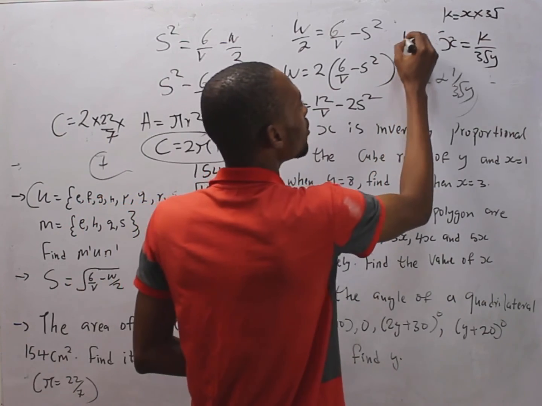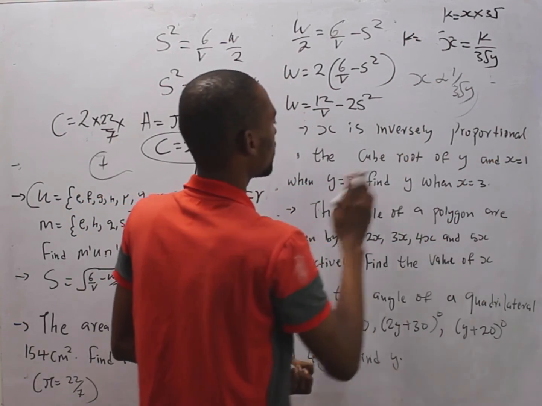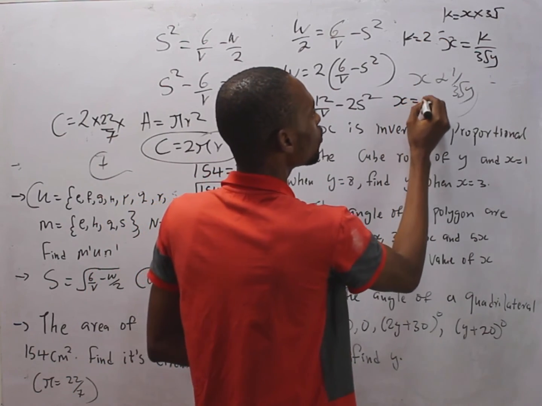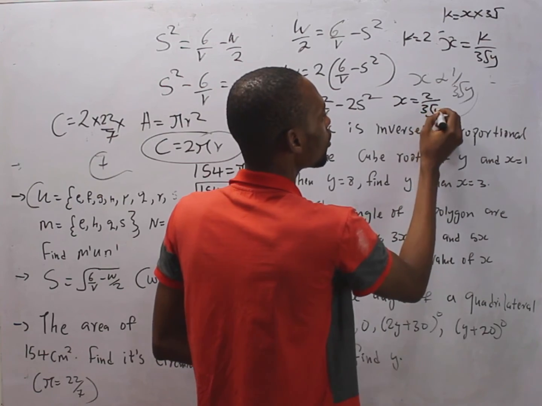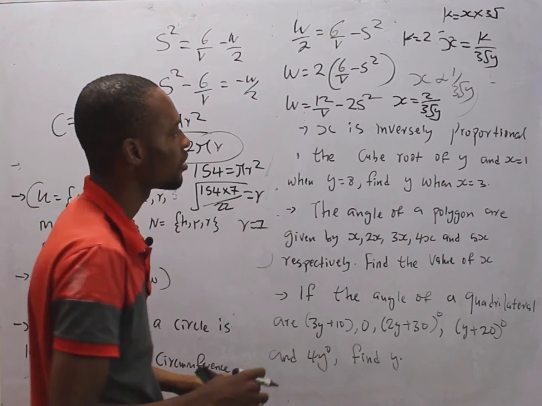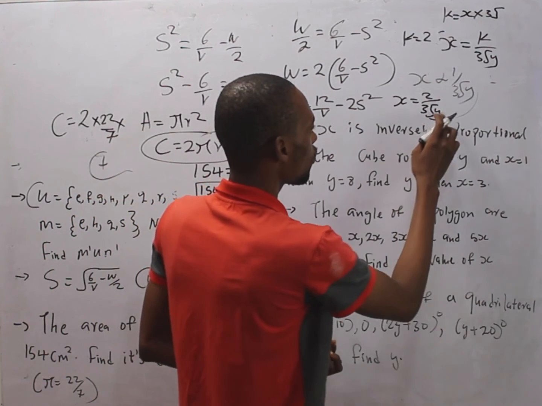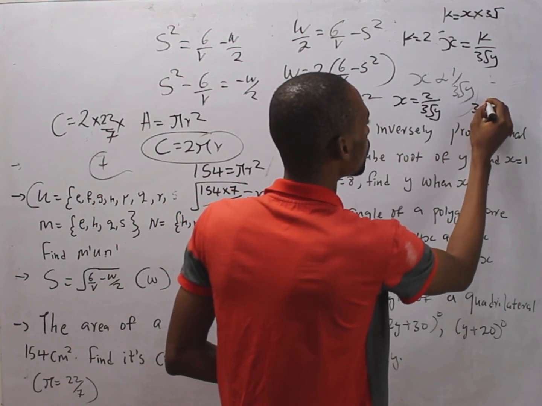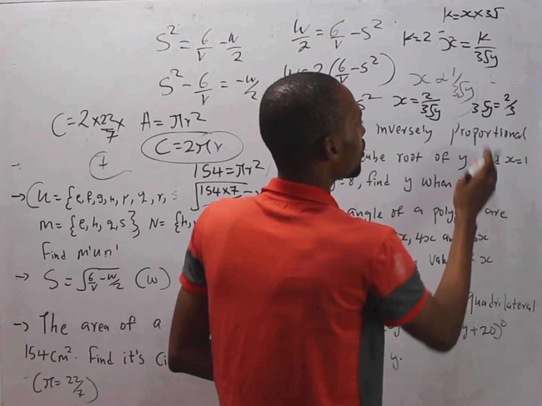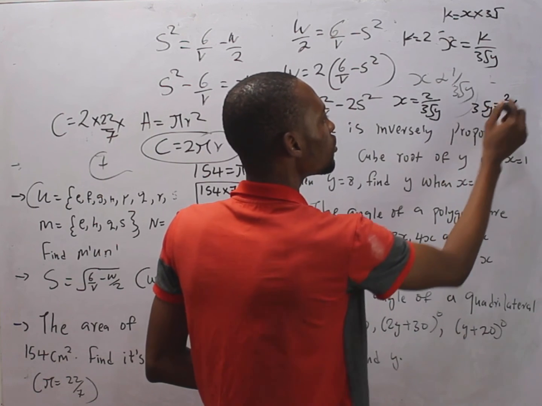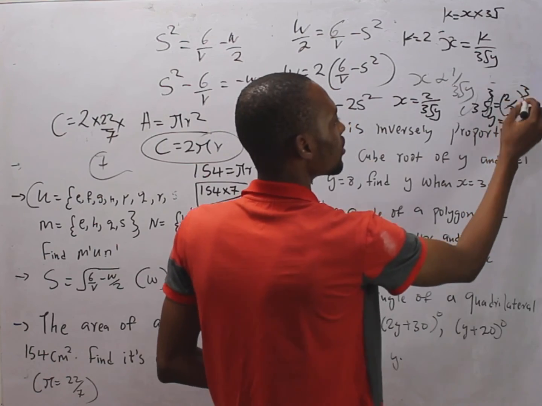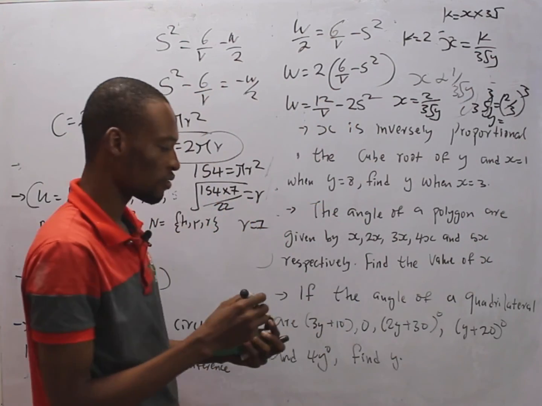So K is simply S, which is 1, times 2. That is 2. The constant is 2. So S is equal to 2 over the cube root of Y. Find Y when S is equal to 3. So you simply put Y here. So the cube root of Y is equal to 2 over 3. To remove the cube root, we cube both sides. So Y becomes 2 over 3, all cubed.